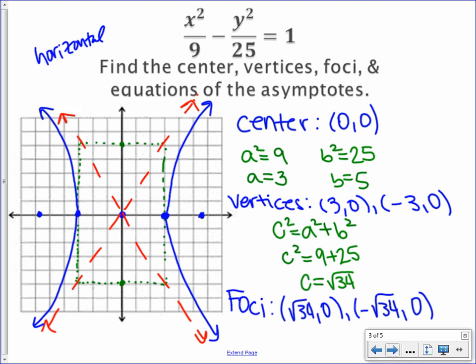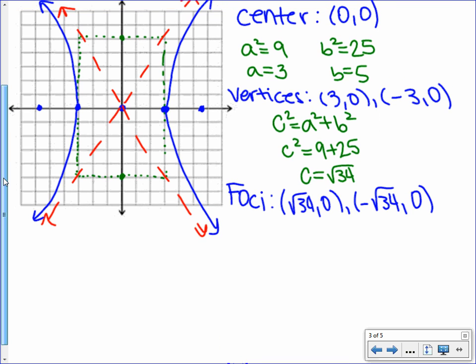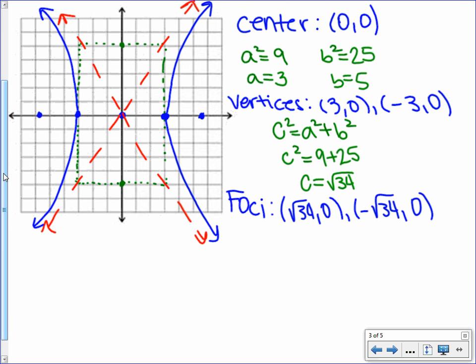Now let's talk about the equations to these lines. Let's talk about this one. What's our y-intercept? 0, right? What's our slope? We go up 5 and over 3 to get to that corner, right?